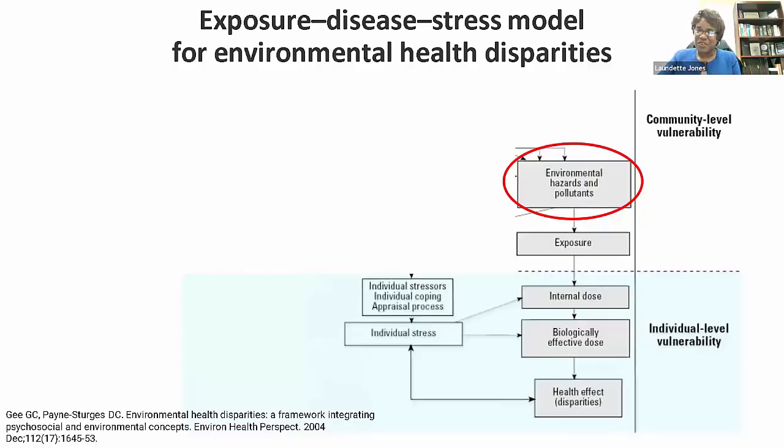And this exposure, going down to the second box, what we find as biologists and toxicologists is now at the inside. So the things we see on the outside, the environmental hazards, we as toxicologists take biological samples, maybe blood, maybe urine, and we try to understand how much these people are being exposed to. What's the dose?